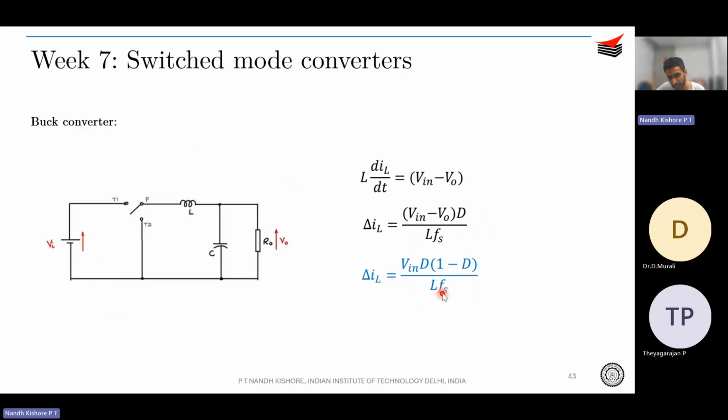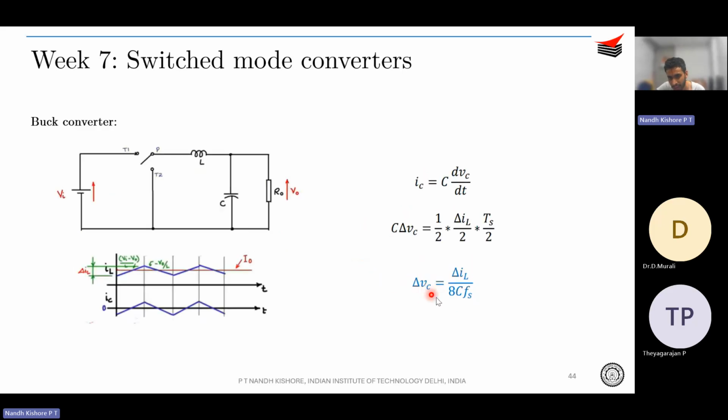Again, you need not remember all of this, but one characteristic feature you should note is that L is inversely proportional to Fs. If you take L to the other side, L is inversely proportional to Fs. Similarly, C is inversely proportional to Fs. So if you increase your switching frequency more and more, you can reduce the value of the filter elements. Generally in a power converter, the filter elements are the ones that take up a huge size.